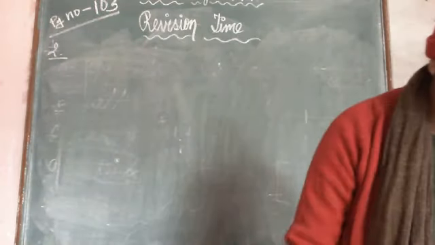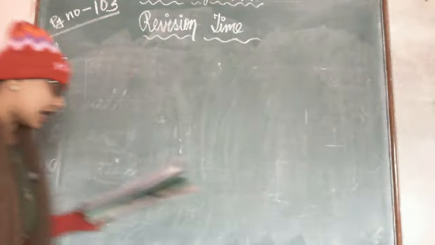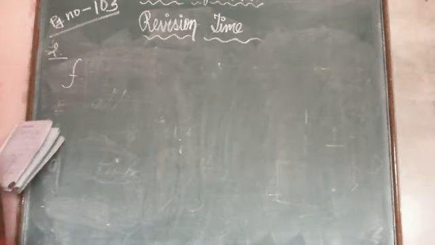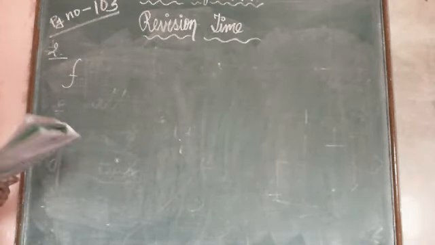Okay, so we are done till E. So let's start with F. A triangle has dash vertices.